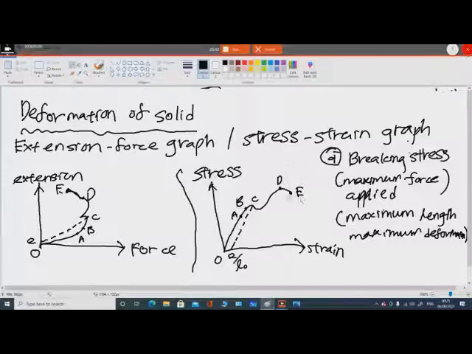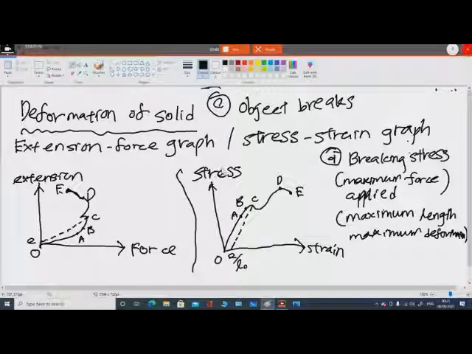After the point of breaking stress, we come to E, which is the point where the object breaks. So these are all the points A, B, C, D, E for a material. D is the breaking stress, and finally the object breaks at point E.